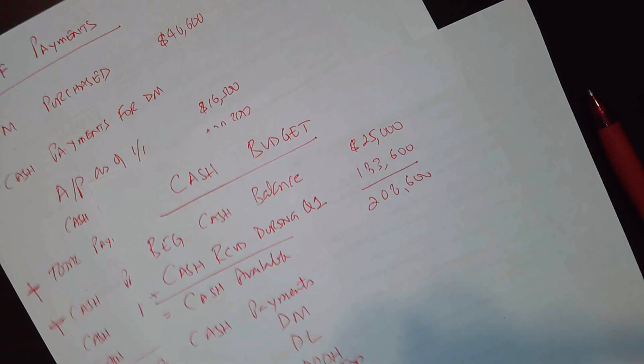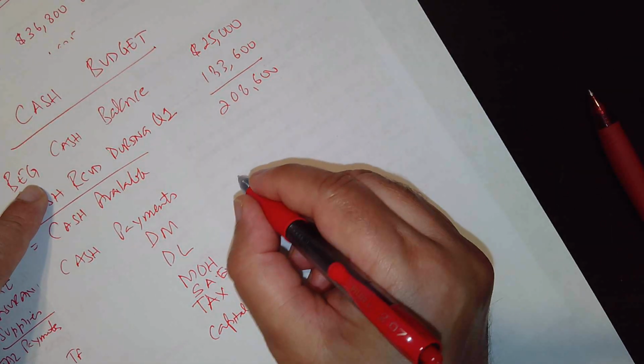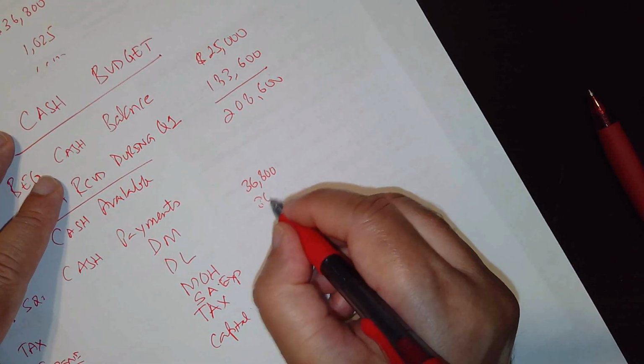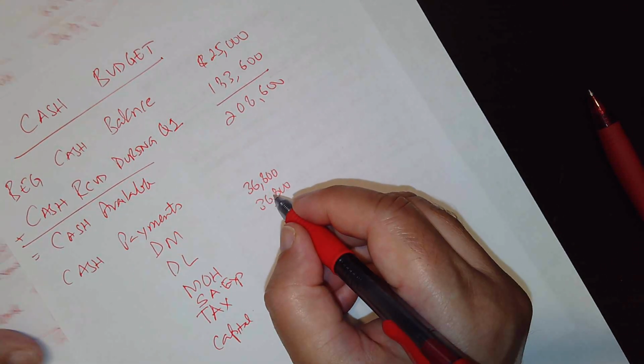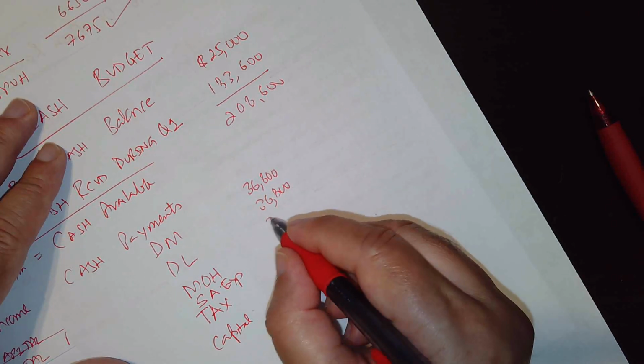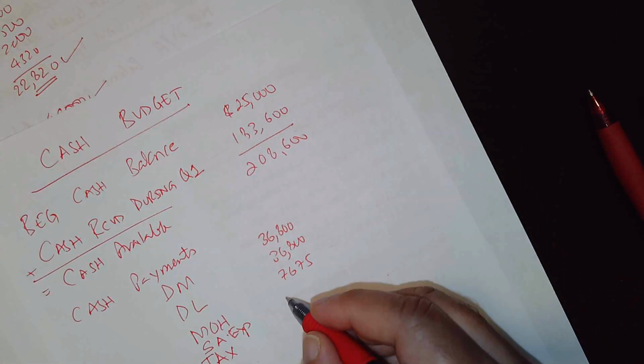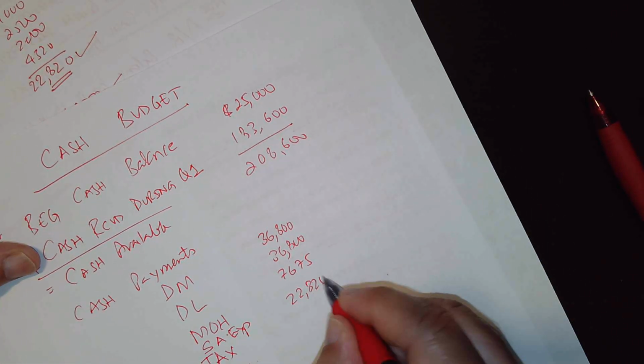So direct material we know is 36,800. We know labor is 36,800. We know manufacturing overhead is 7,675. And selling administrative is 22,820.